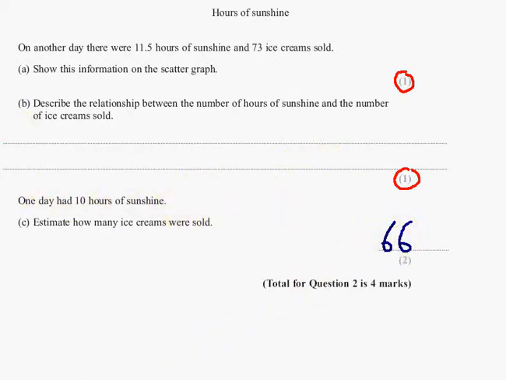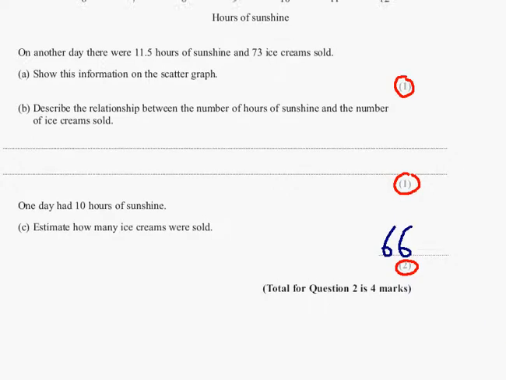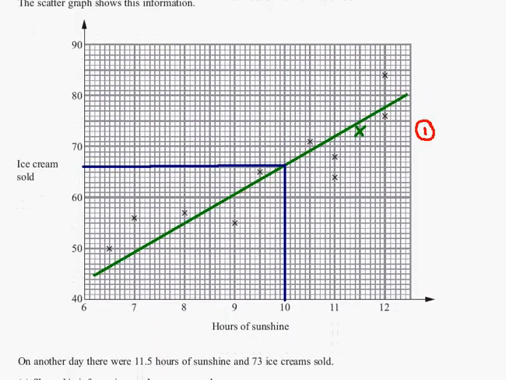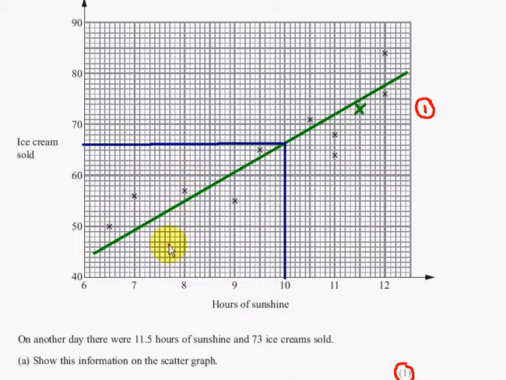Now this is worth 2 marks, and let's have a look at the mark scheme. So the first one's for a method mark for a single straight line of best fit. That is, it says between 6.5 and 45, so 6.5, 45 is here, and 6.5 and 59.